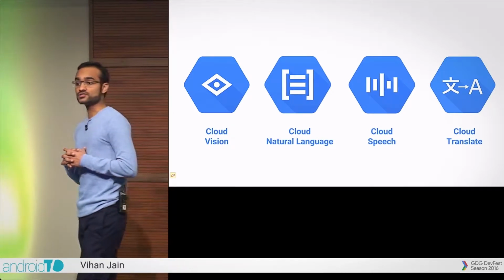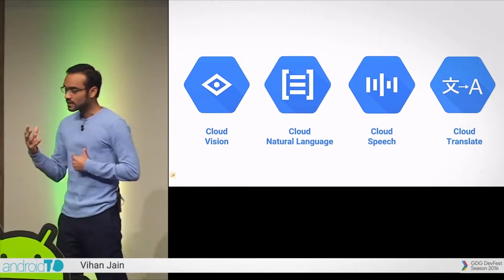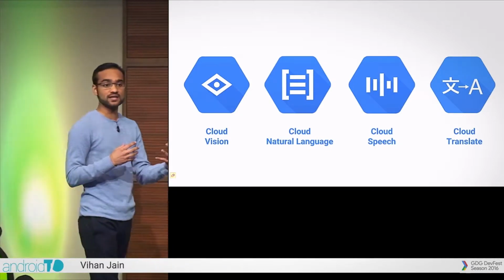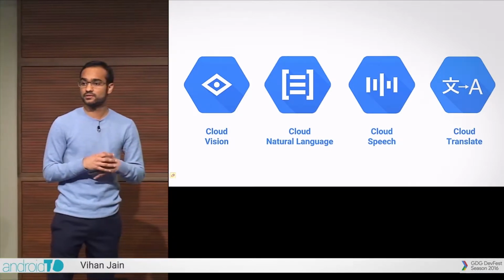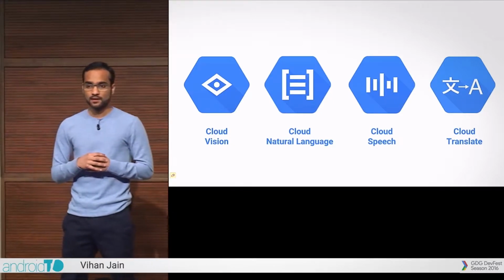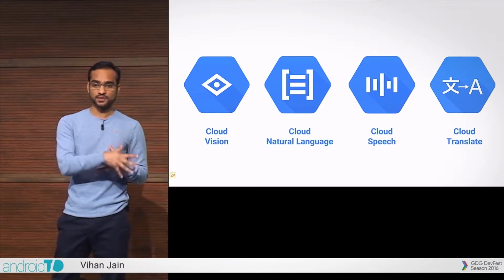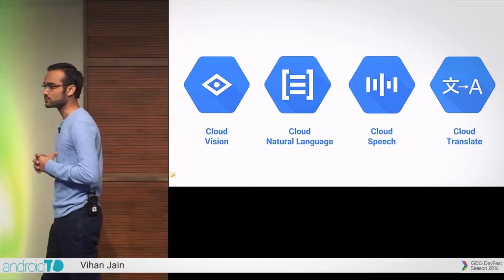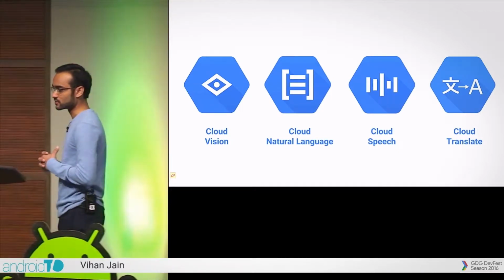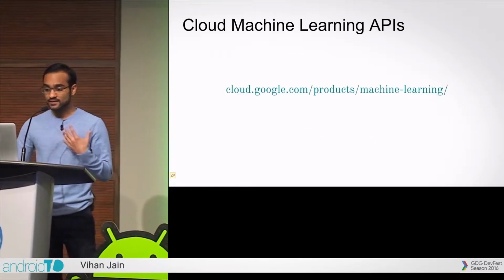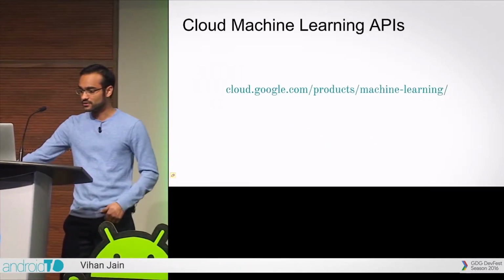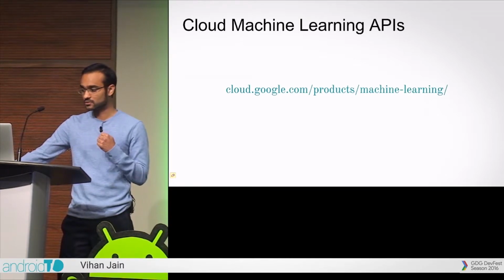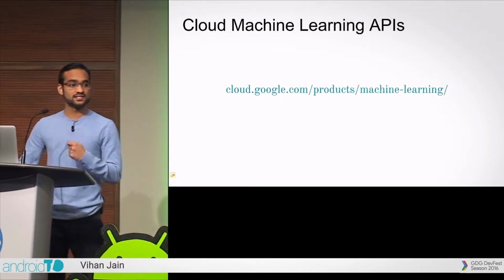Cloud Natural Language, given text, recognizes structure in your text and the sentiment of your text. Cloud Speech converts your speech into text, and finally Cloud Translate translates from one language to another. If you haven't tried these APIs yet, I would really recommend going to cloud.google.com/products/machine-learning. You can see all of them in action.